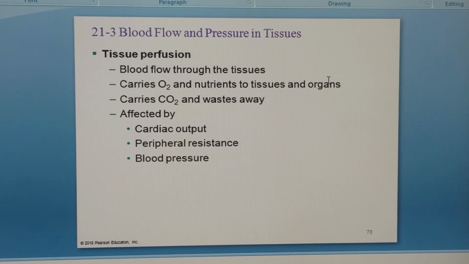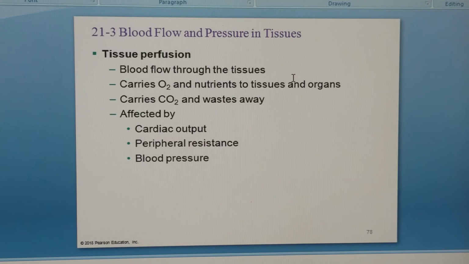The body wasn't meant to sit and do nothing. We have to use that diaphragm to pump, to actually pressurize the system, to move that chemistry in fluid form deep into the tissues so we can utilize the oxygen. And that's what we're talking about here: tissue perfusion.